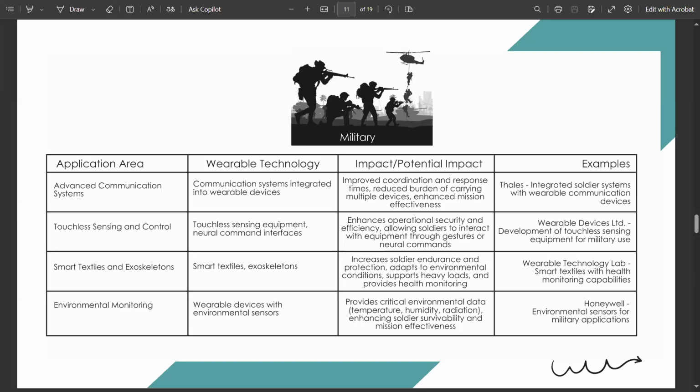The exoskeletons also support heavy loads and provide health monitoring. The wearable devices can also be used in environmental monitoring. Now, these have environmental sensors that track temperature, humidity, and radiation. So these can be used to enhance soldiers' survivability.